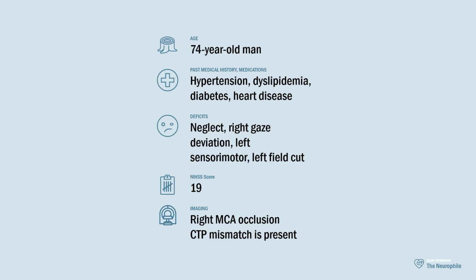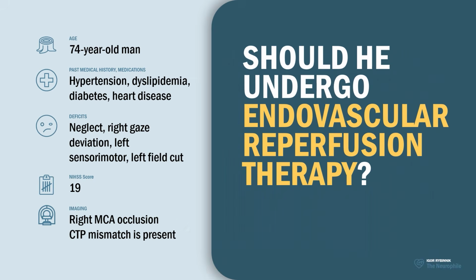There was no evidence of hemorrhage or large mass lesion on the head CT, and proximal right MCA occlusion was confirmed with CTA. CT perfusion shows that mismatch is present, and our patient is within the 24-hour window from last known well. Should he undergo mechanical thrombectomy? Absolutely, and as soon as humanly possible.